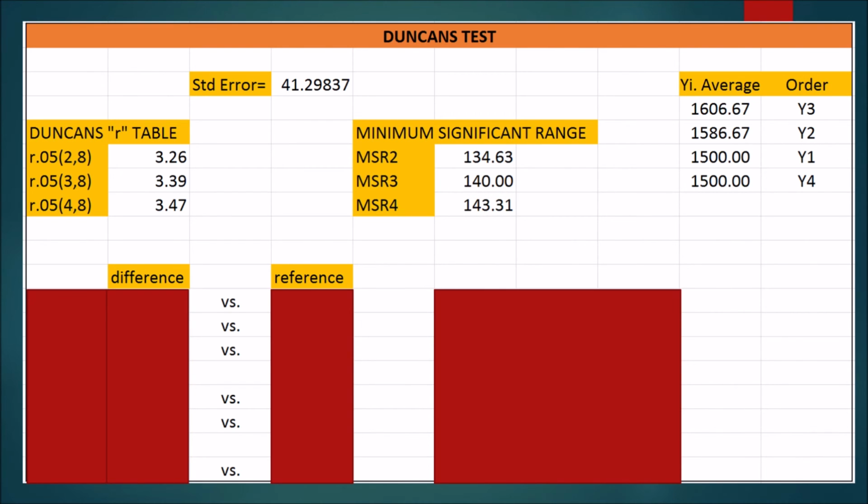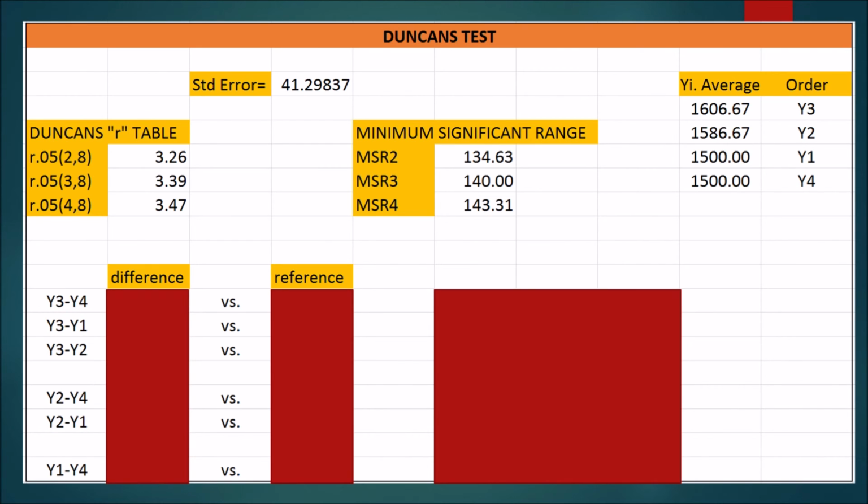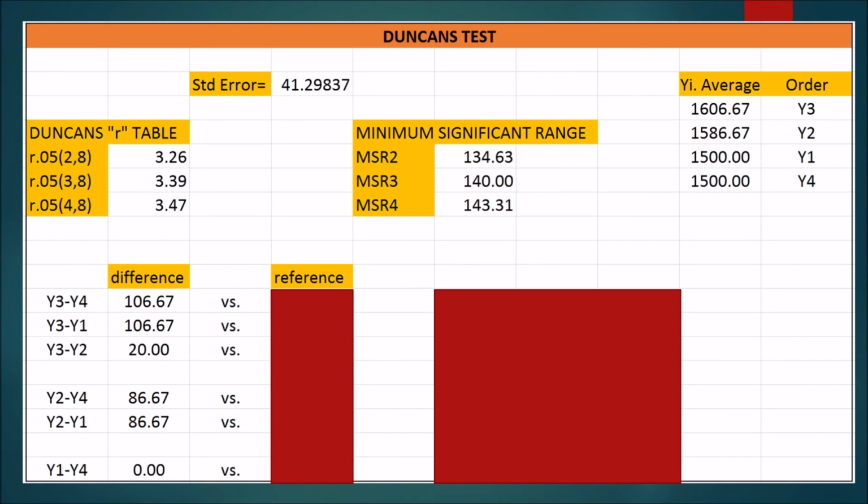After we've obtained those, we must sort from the greatest Y minus the smallest one. After we've done that, we just proceed to making the differences, and the values would be the next. After we've gotten all those values, we must compare them with the reference value, which corresponds to the minimum significant range.